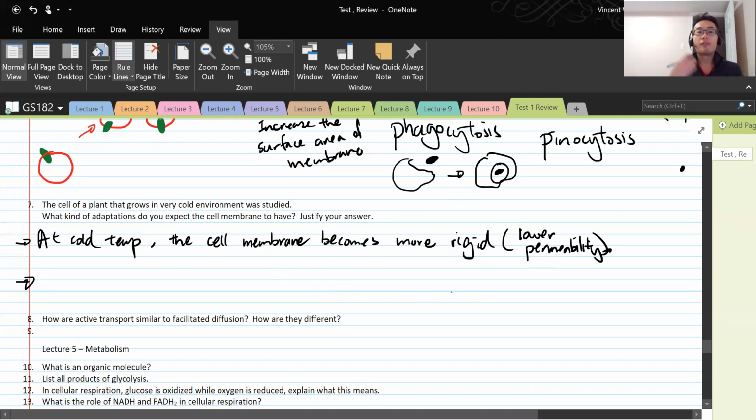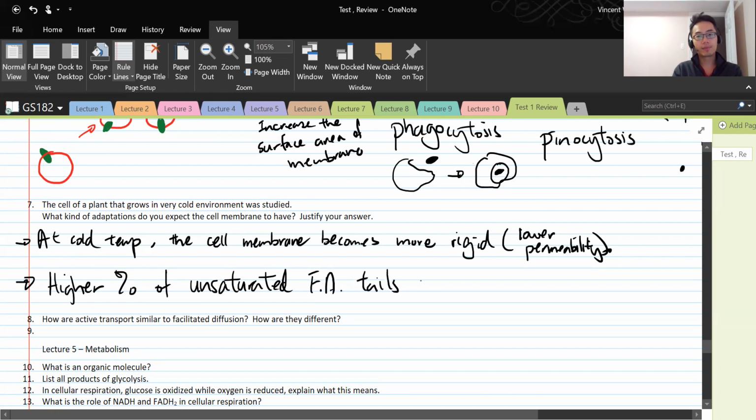So in order to prevent the cell membrane from becoming more rigid, you would, for example, expect to have a higher percentage of unsaturated fatty acid tails in the phospholipid, right?